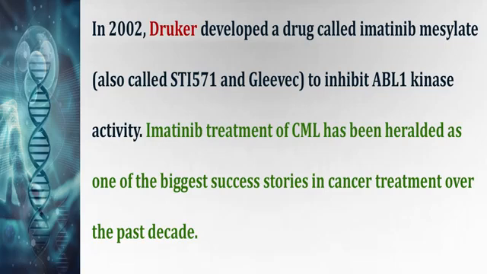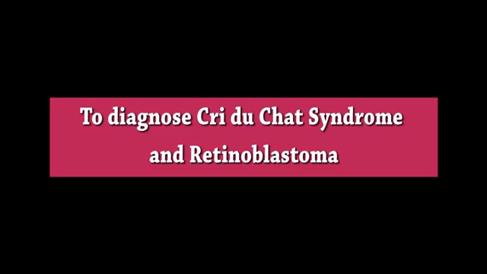Imatinib treatment of CML has been heralded as one of the biggest success stories in cancer treatment over the past decade. 3. To diagnose Cri du Chat syndrome and retinoblastoma.